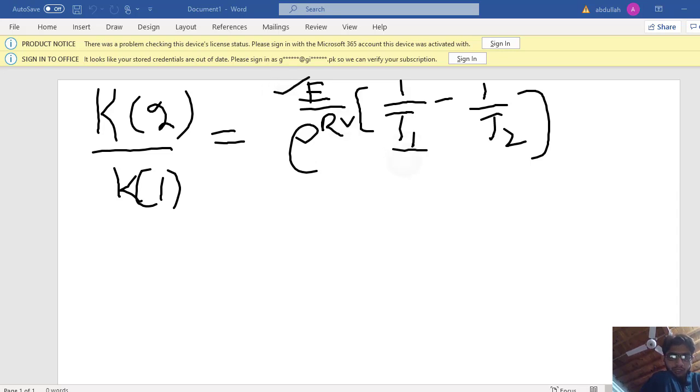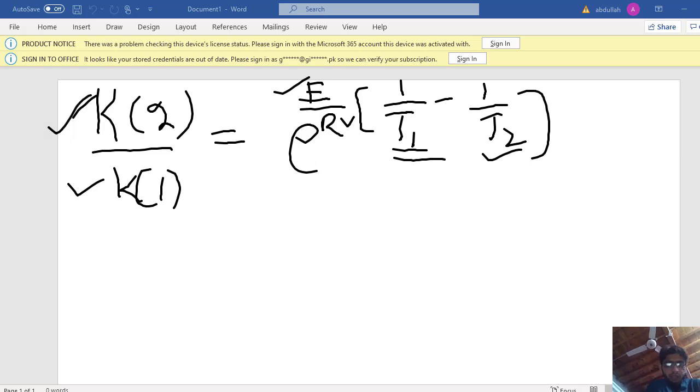At temperature T1 the rate constant was k1, and at temperature T2 it is k2. So if we know T1, k1 and T2, then we can find the rate constant at another temperature.